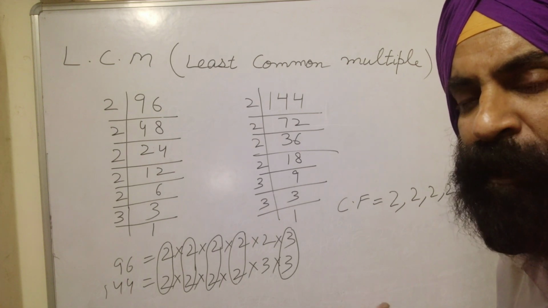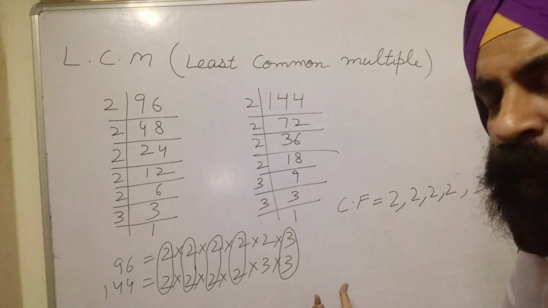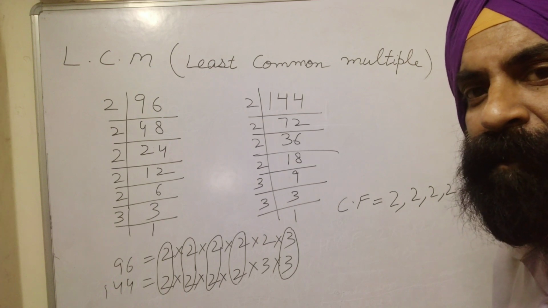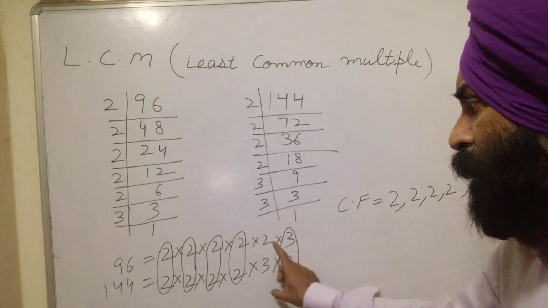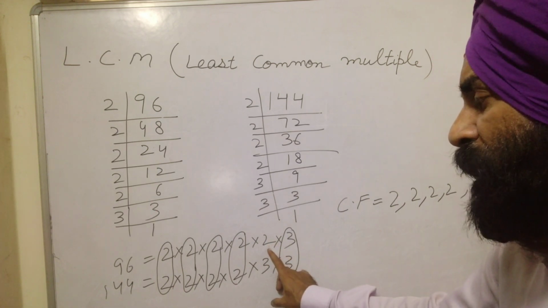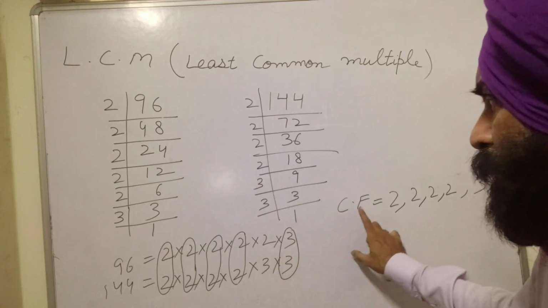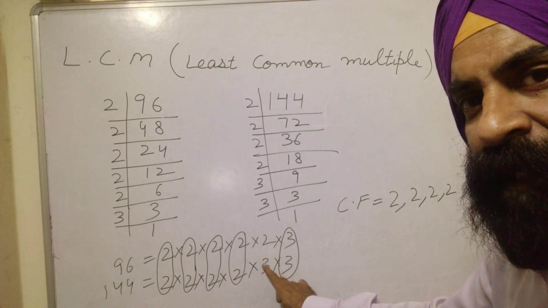But for the LCM, in a shortcut method, the LCM will be the product of these common factors, meaning the HCF, multiplied by the non-common factors which are left here. The non-common factors left here are 2 and 3. And when we multiply the common factors with the non-common factors, we get the LCM of two numbers.